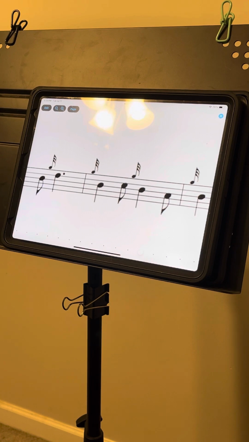Now granted, I'd have to be a lot closer. I measured this earlier and I'm at about 16 inches here in my chair. And I raised up my music stand to about the height of my head. And obviously, if you were in a band situation, your music would probably be that high depending on what instrument you were playing.